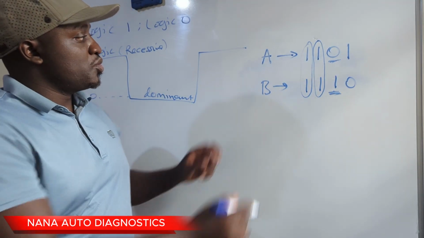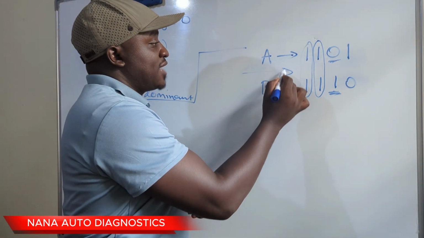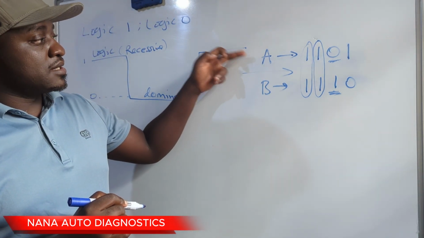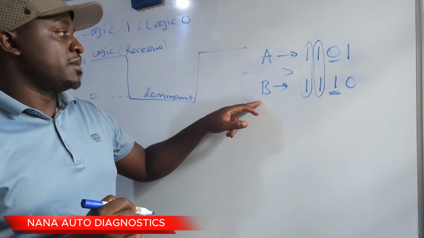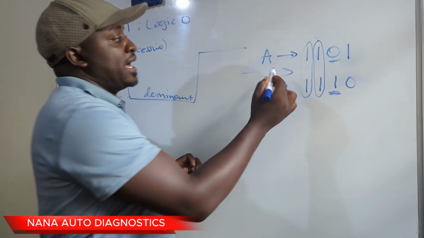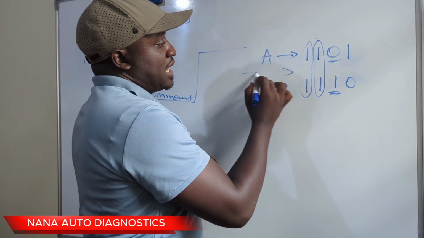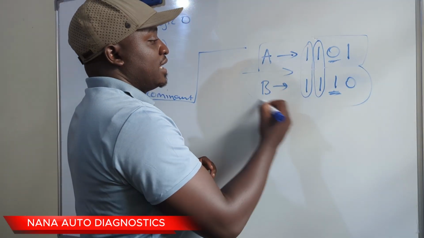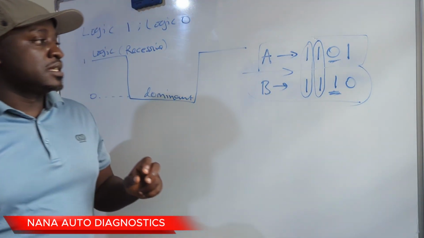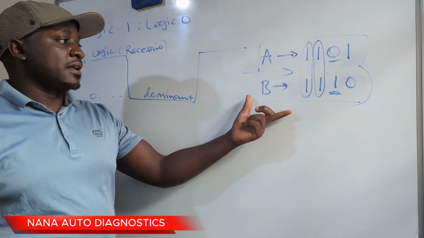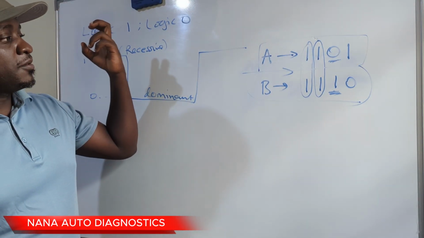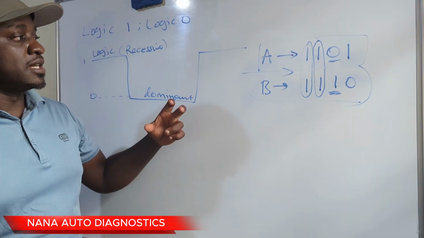So if these 2 nodes are transmitting at the same time, node A will be given precedence over node B. So the data for node A will be transmitted first, and then later node B can transmit its data. So that is what it means for a bit to be recessive and the other one to be dominant.